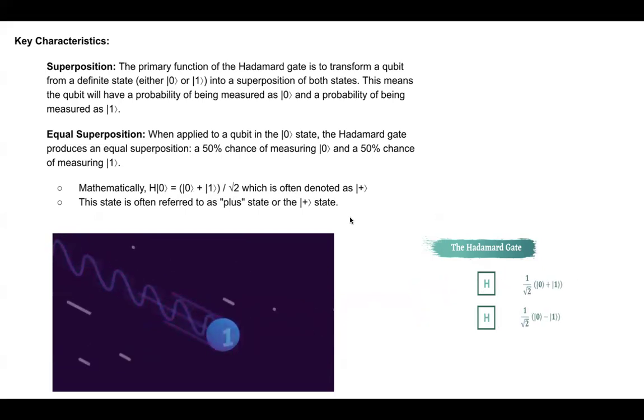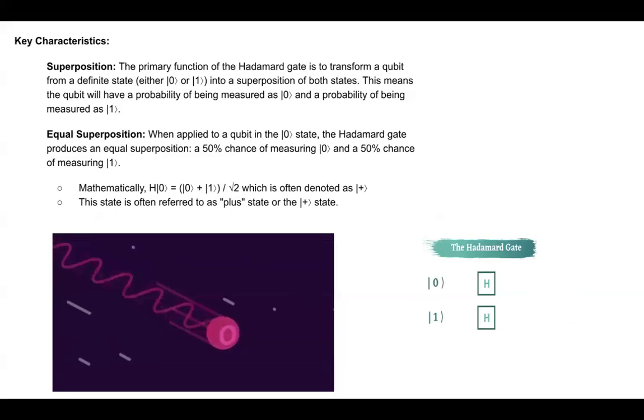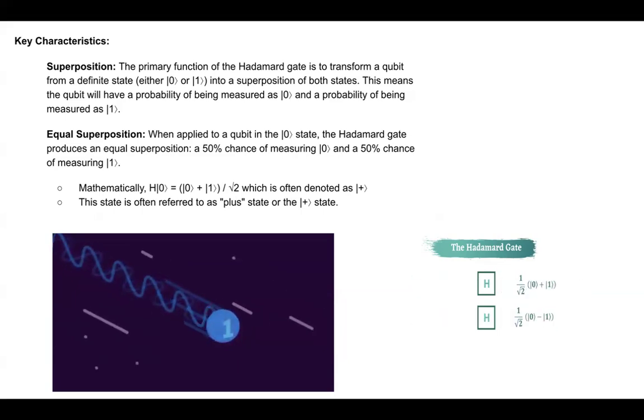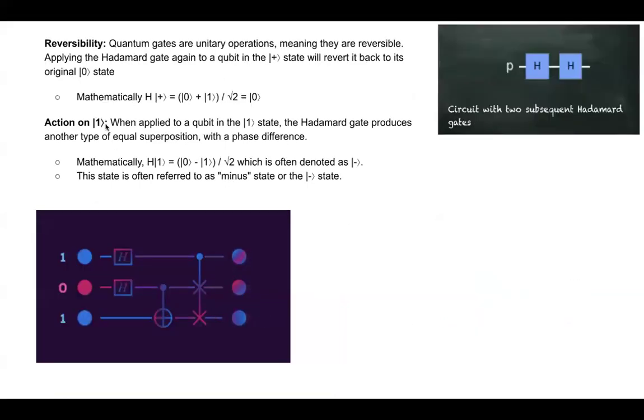So remember, when a qubit is 0 and passed through the Hadamard gate, it's in a positive state with equal probability of being measured as 0 or 1. And when the Hadamard gate is applied on 1, it produces another type of equal superposition with a different phase, which is the negative phase or the minus state.